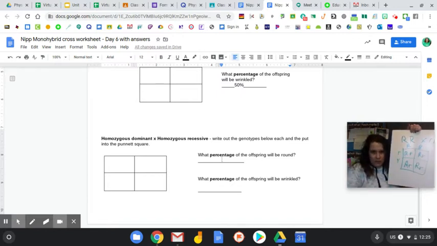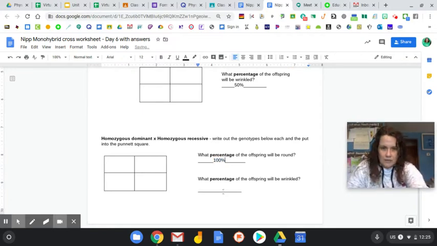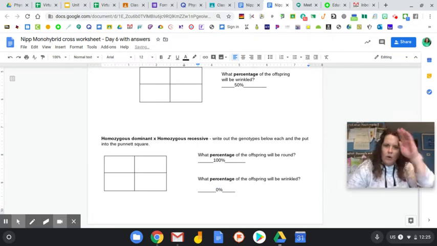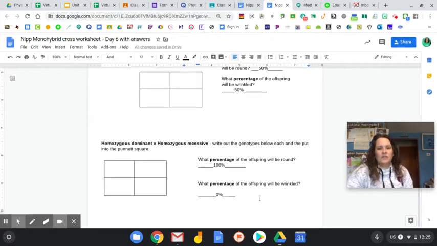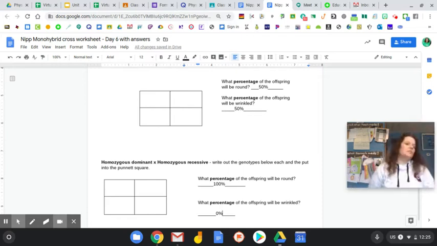What percentage of the offspring will be round? Well, when you look at this, they all have that dominant round allele in each of them. So it's going to be 100% round. And then what percent are going to be wrinkled? 0 for that.